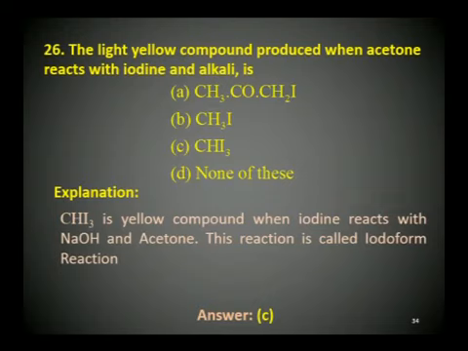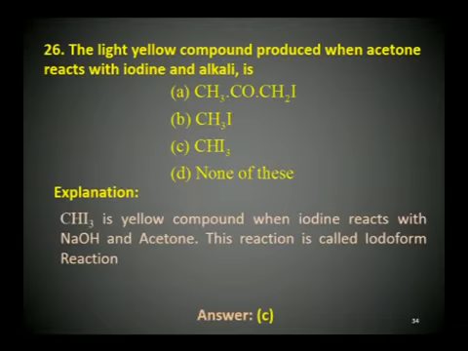You know that acetone is CH3COCH3. When CH3COCH3, which has CH3CO group, reacts with iodine and alkali, it leads to iodoform reaction and forms iodoform, which is a yellow colored compound. This reaction is also called iodoform reaction. So, the answer is C, CHI3. Iodoform formula is CHI3.